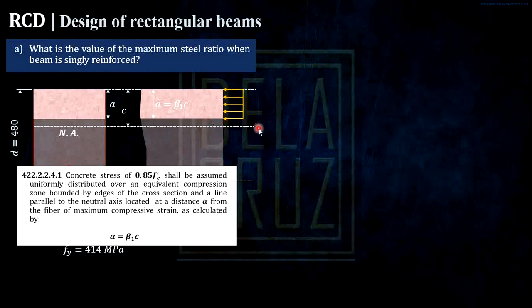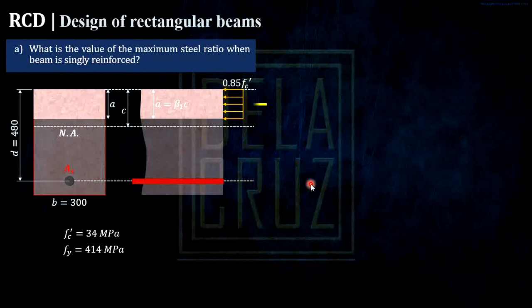The stress daw dito is uniformly distributed, and the stress is 85% of the f'c. As you can see, it will create a resulting force dyan. Tatawagin natin capital C, that is the compression of the concrete. And of course, to maintain equilibrium, ika-counteract ng tension steel. Let's call that T.